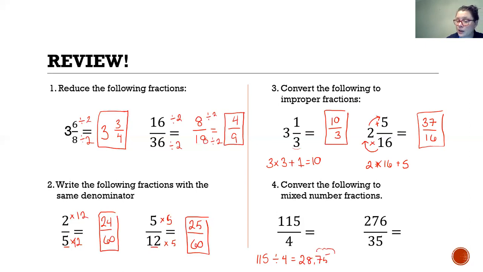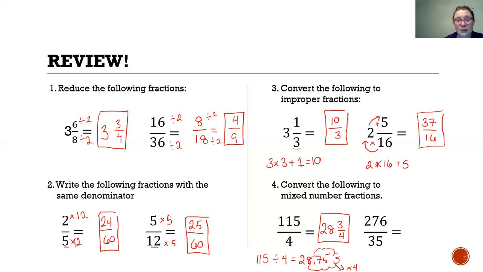Now this 0.75 you should recognize as 3/4. So 28 3/4. If you don't recognize that as 3/4, then you take just the fraction and multiply it by 4, and that will give you 3, which will be how many quarters you have. All right, 28 3/4. Before we get to the end of our multiplying and dividing lesson, I will give you a calculator shortcut, which should be helpful for you.